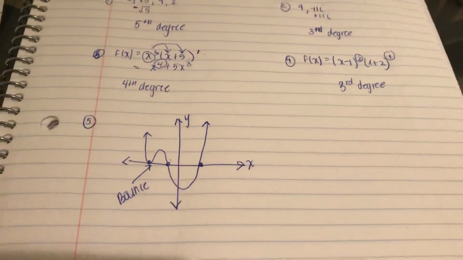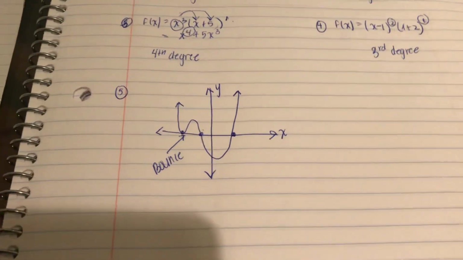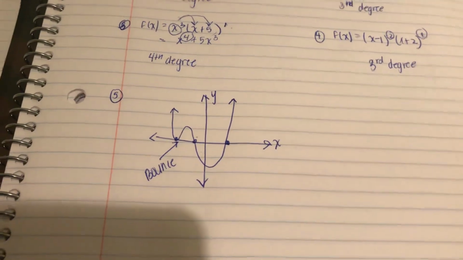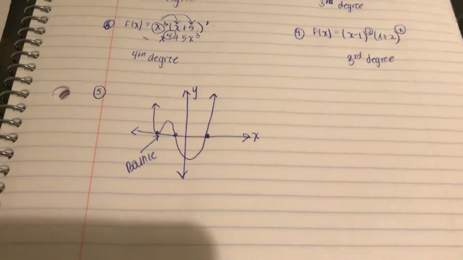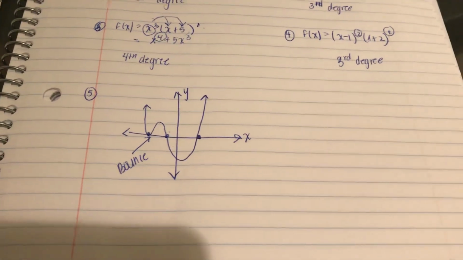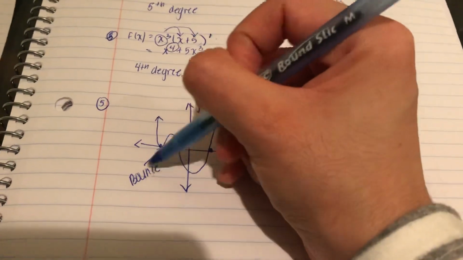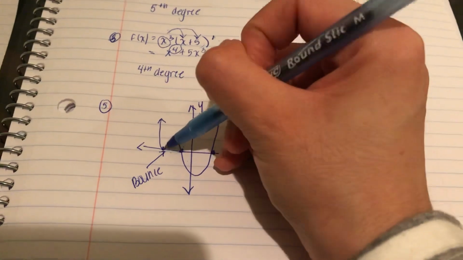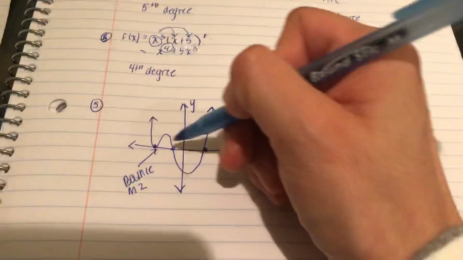So the graph bounces off the x-axis. So something we noticed in class is whenever the graph bounces off the x-axis at that root, we have an even multiplicity. And we're talking about least possible degrees right here. So the least possible multiplicity for this root right here is a multiplicity of 2.